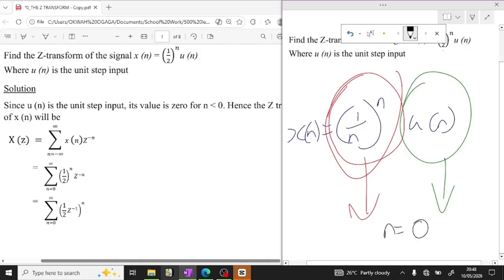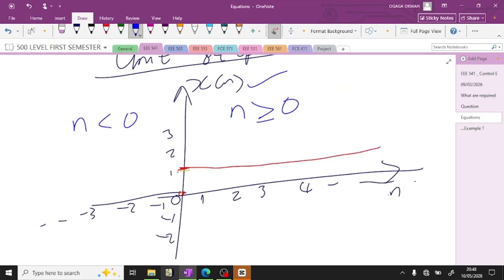Let's look at it here. So it is n equal to or greater than 0. When n is equal to 0, here is 1. So when n is equal to 0 and greater than 0, that's where we have values of x of n.